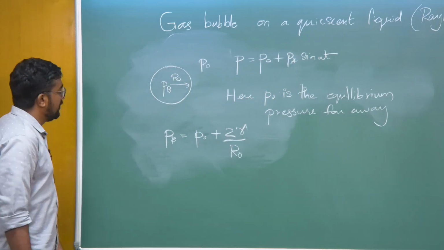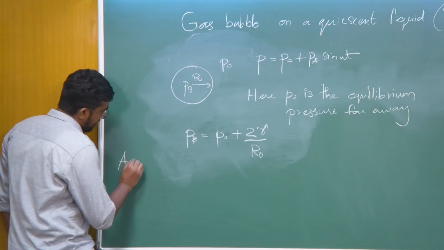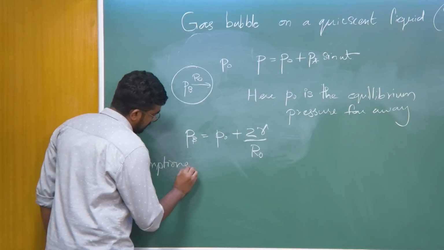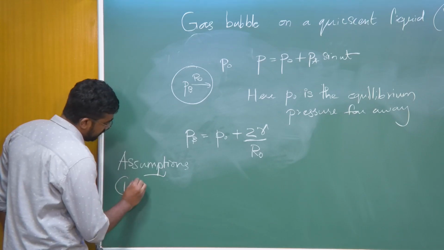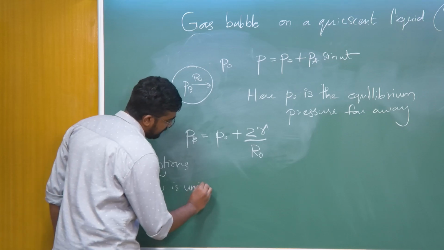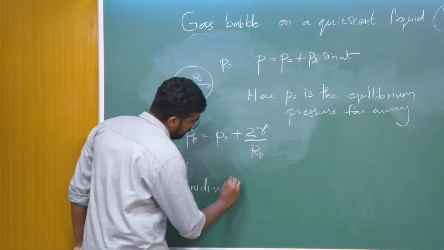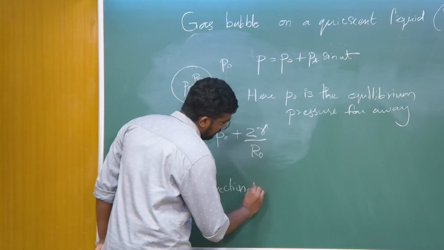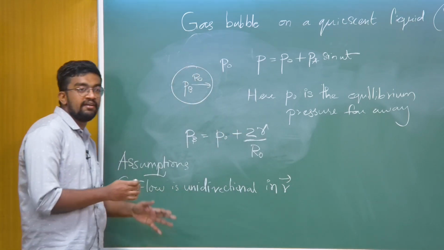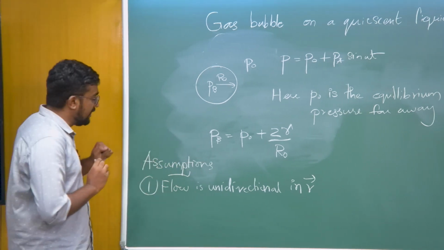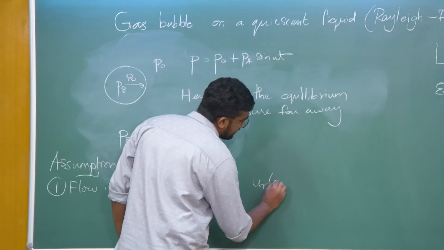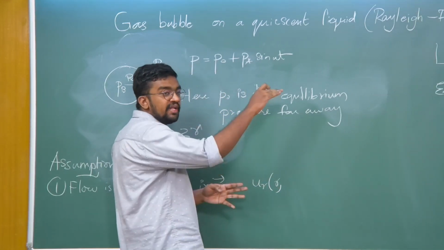So, the assumptions in this simplification are: first, the flow is unidirectional, in the r direction. So, there is only radial flow. It means that we have ur, which is a function of the radial coordinate and time.